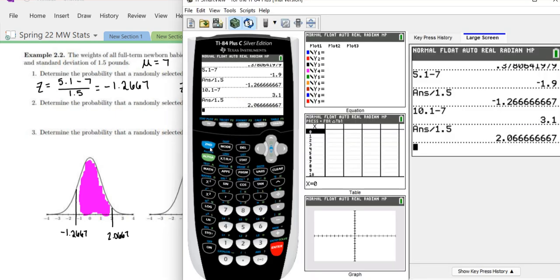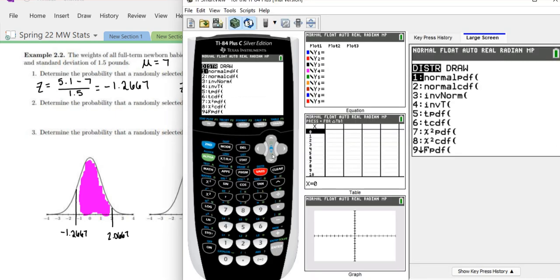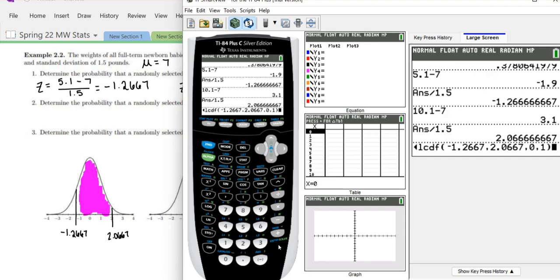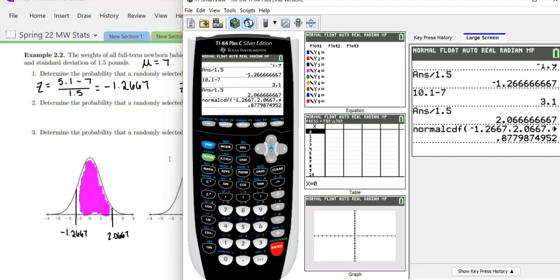And that'll give us 0.8780 when I round that.